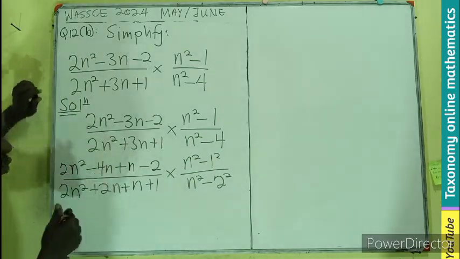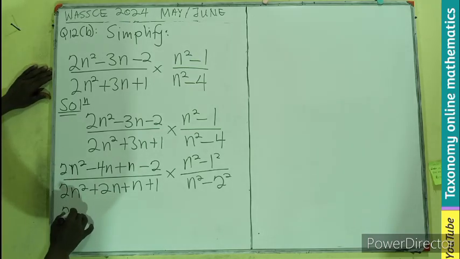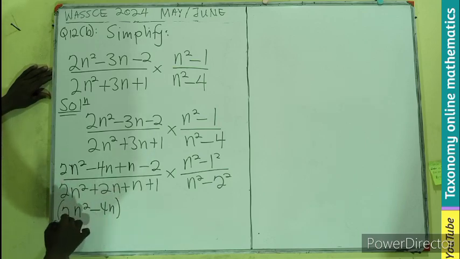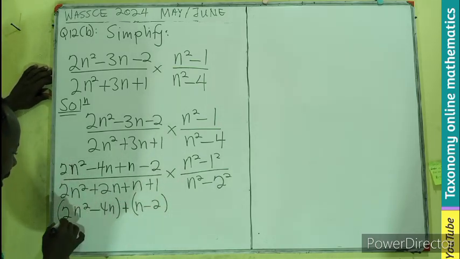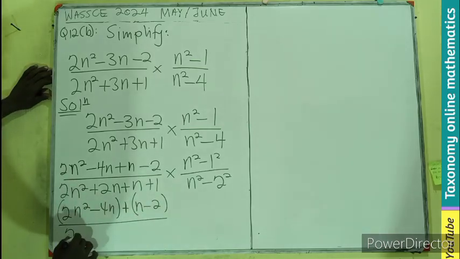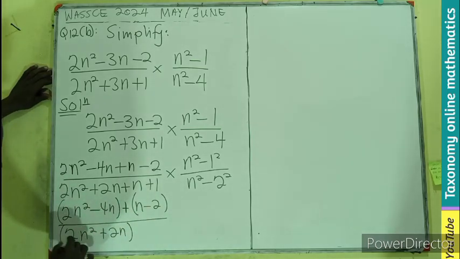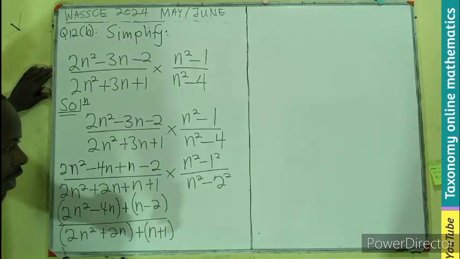Now here we are going to group the first two and the last two. So I'll be having 2n squared minus 4n in one bracket, then minus 2 plus n, in another bracket, then plus n plus 1 in the next one.